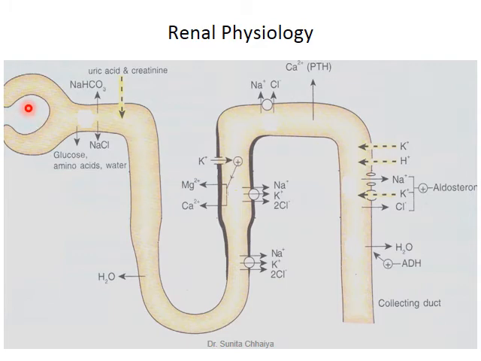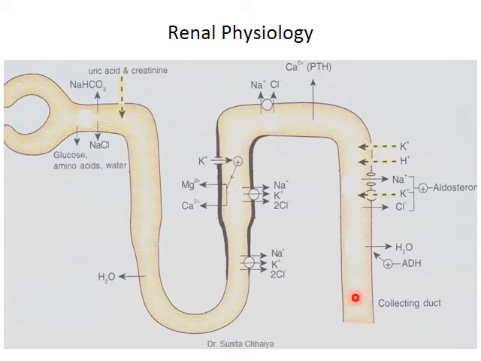Plasma enters through the glomerulus and various electrolytes are filtered. Most of the electrolytes which are filtered through the glomerulus are reabsorbed back by using various transport mechanisms at different segments. And at the end of the day, 1.5 liters of urine is excreted within 24 hours.